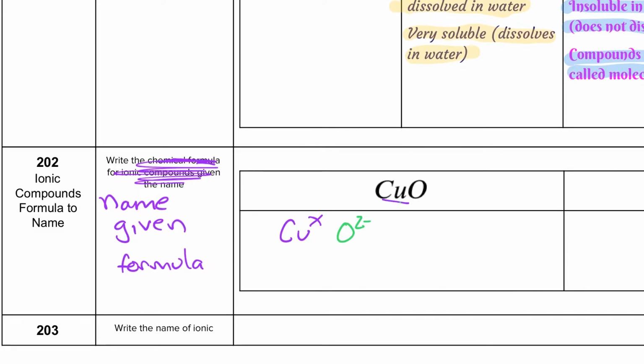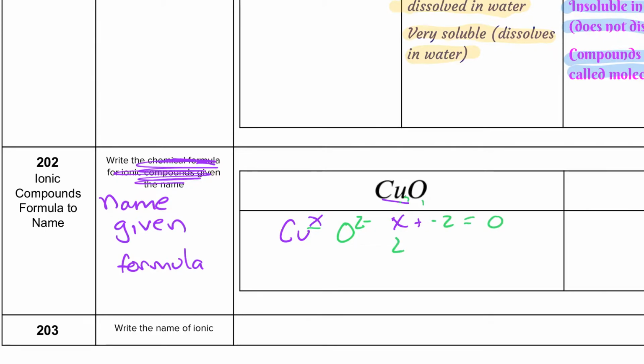So in the final formula CuO, because it's an ionic compound, it should have a 1 here and a 1 there, but we don't write it because it's implied. So it's in the lowest ratio possible. Here we didn't have to crisscross anything because the charges add up to 0. So X plus negative 2 has to equal 0.